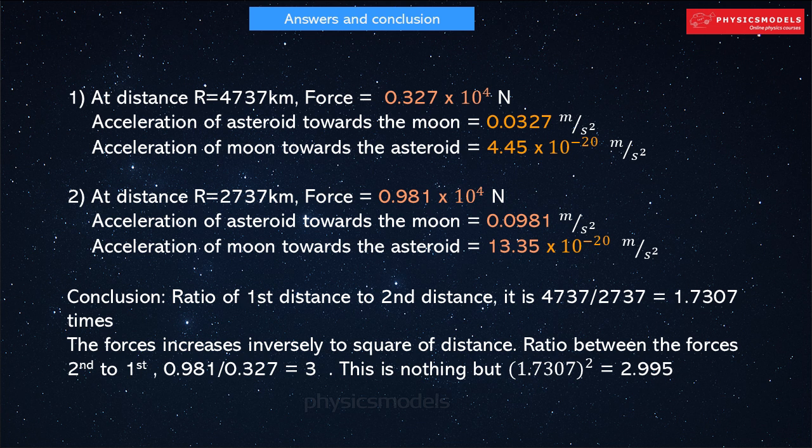It only means that as two bodies come together, the force is proportional to 1 by r squared. So as r decreases, the force increases exponentially.